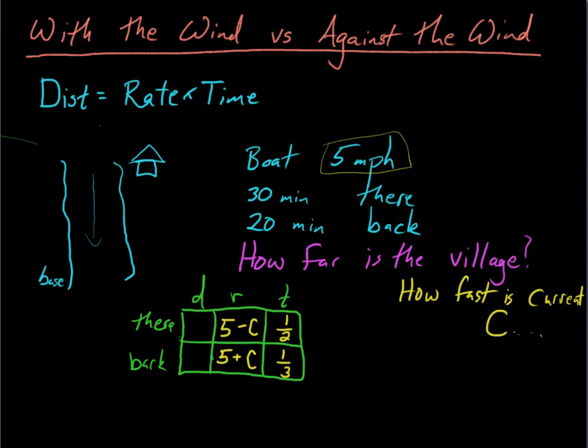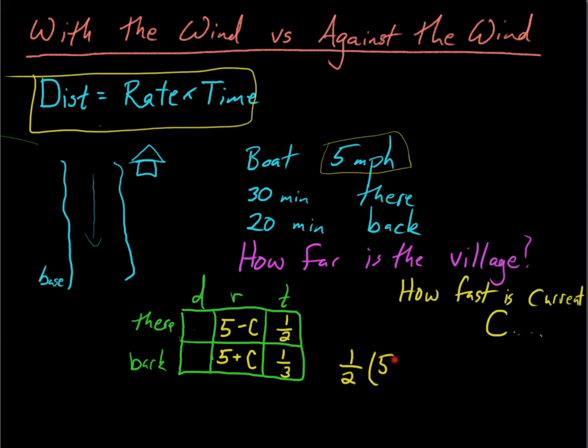And then I remember my distance is rate times time. So that means that this distance there is time times rate. And same thing, the distance back is the time times the rate.